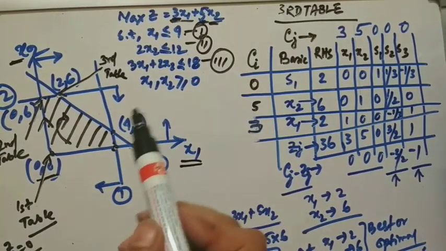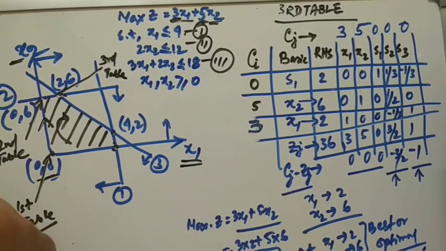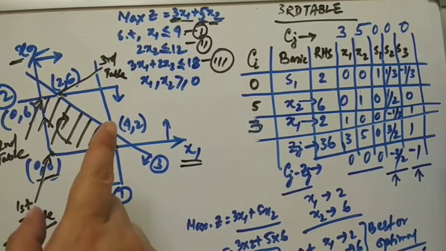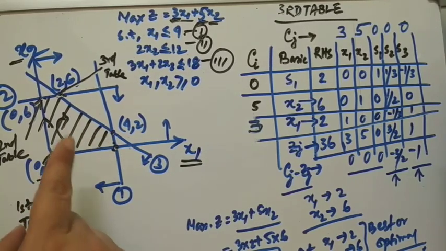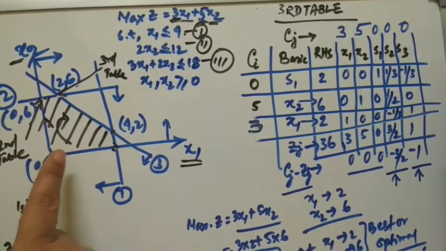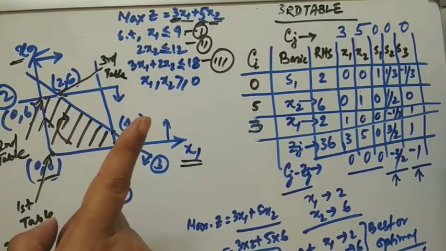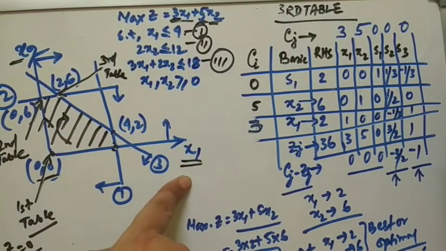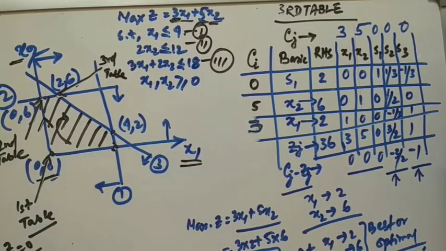So the direction became clockwise, because the coefficient of x2, this 5, is greater than that of x1. That's why the simplex takes a clockwise direction.